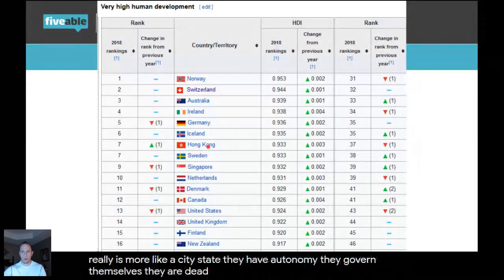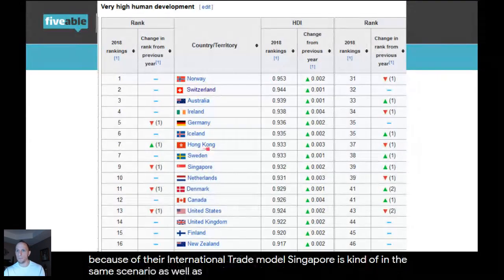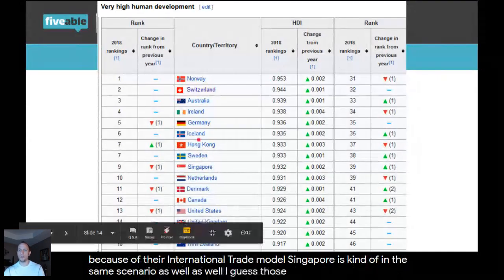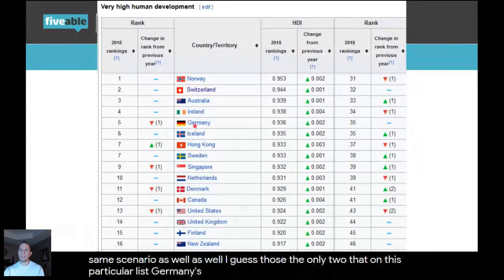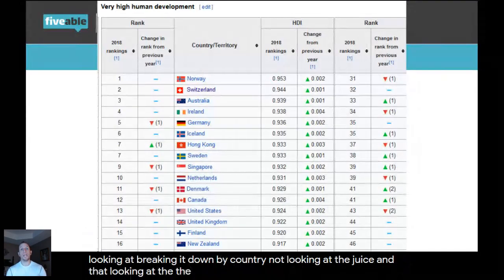They are democratic, and they're very, very well off because of their international trade model. Singapore is kind of in the same scenario, and those are the only two on this particular list. Germany has the best economy in Europe if you're breaking it down by country, not looking at the European Union as a whole.